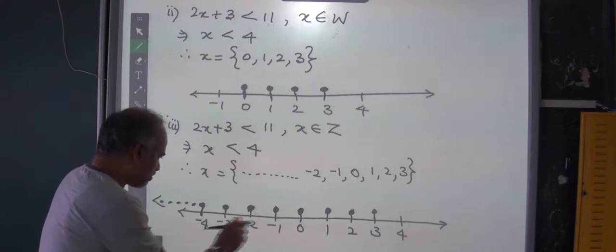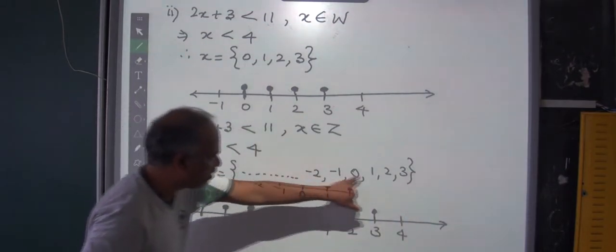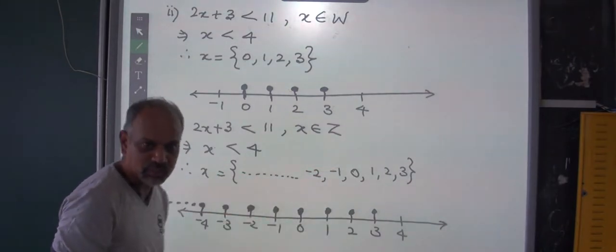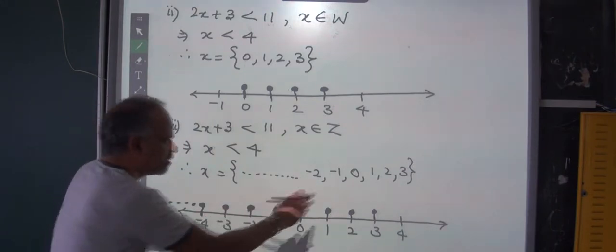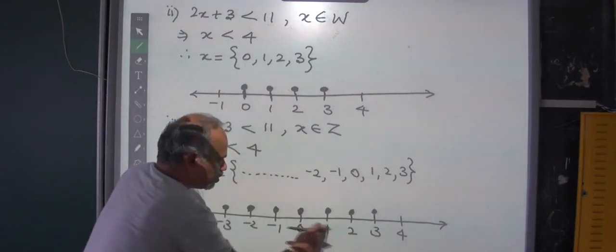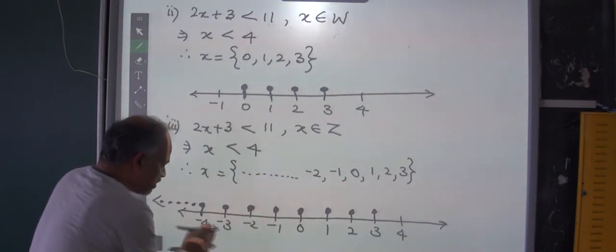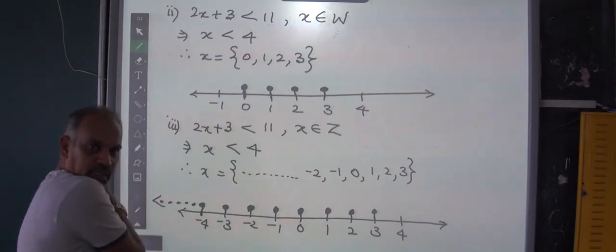Again the number line is the same. You have arrows on both sides, and you can mark the values. If you want, you can put some extra values. So I got 3, 2, 1, 0, and I put a few extra values, -1, -2, -3, -4. The arrow represents that it goes up to infinity.